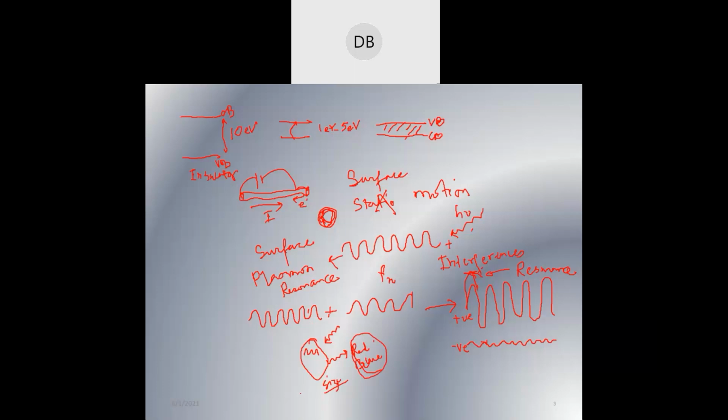Okay, the smaller the size, the relative number of electrons is more as compared to the larger size. Relative, that means the total number of electrons, the fraction that will be on the surface will be more when the particle is small.